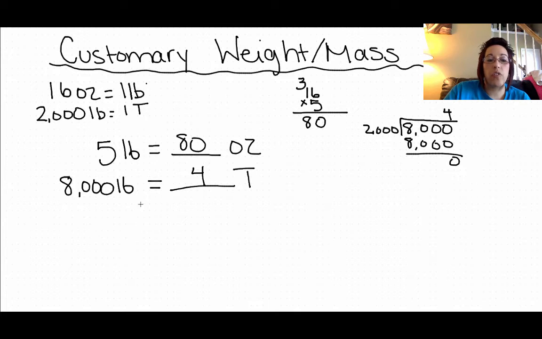So when we're going from smaller units and converting them to larger, we're going to divide. When we're going from larger units like pounds to smaller like ounces, we multiply.